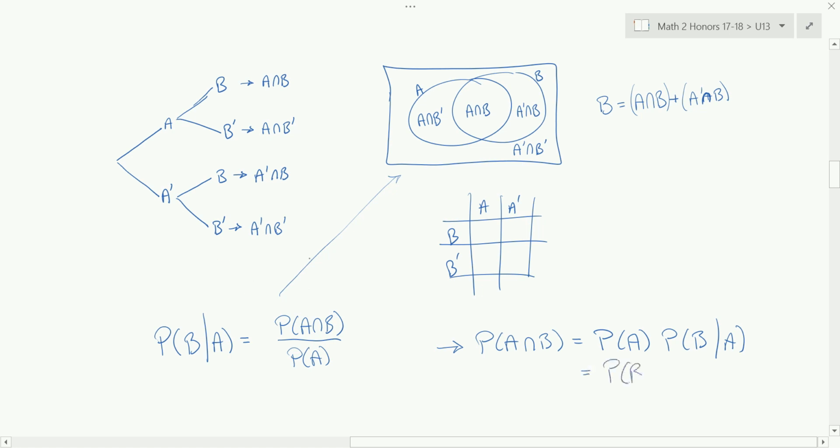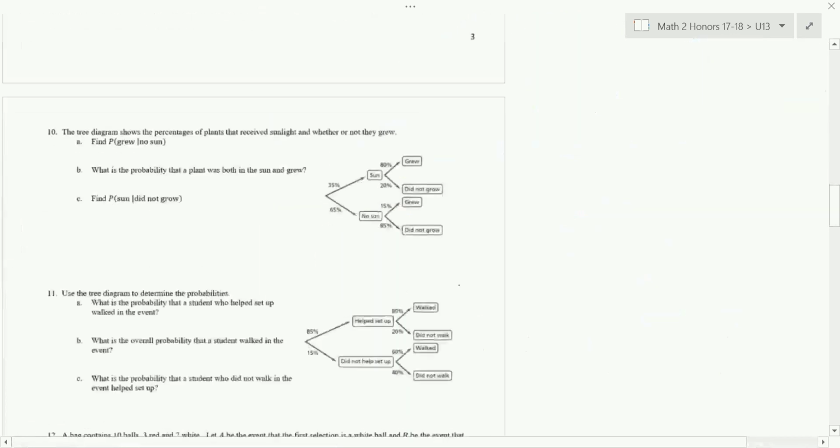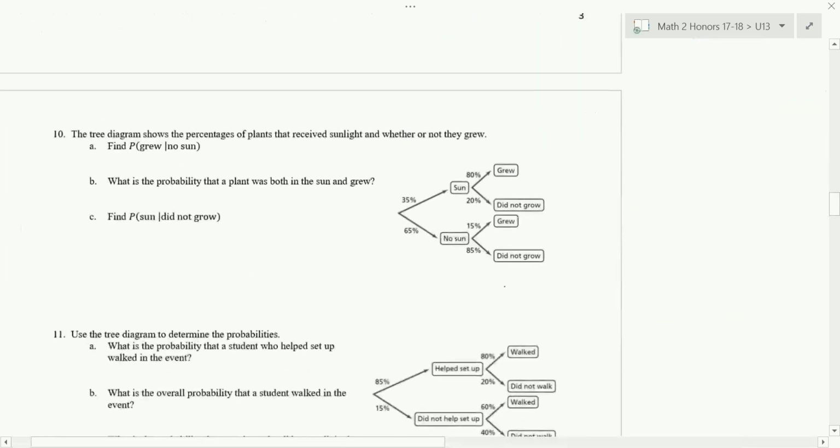It's also equal to the probability of B times the probability of A given B, if we need that one. So you can use either one, but those are some key things that we need. So let's bring those to number 10.